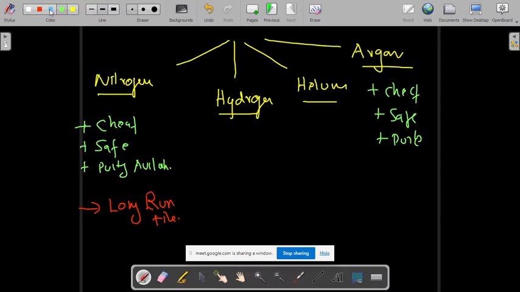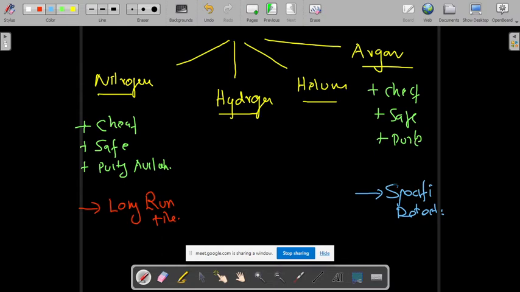But the problem is it cannot be used with all types of detectors. Only specific detectors can be used with argon.